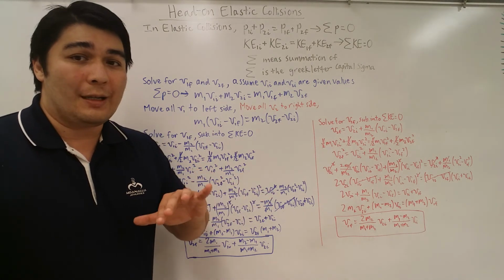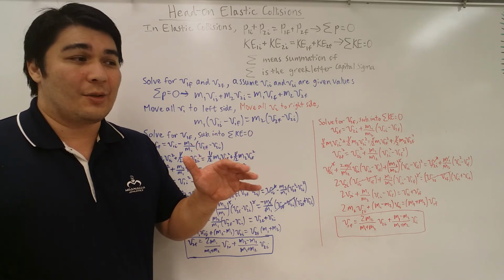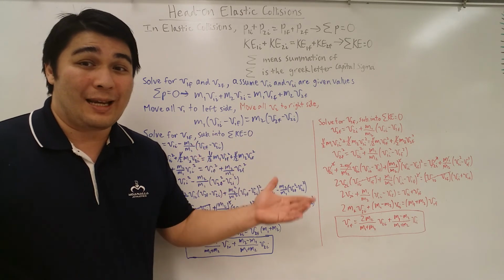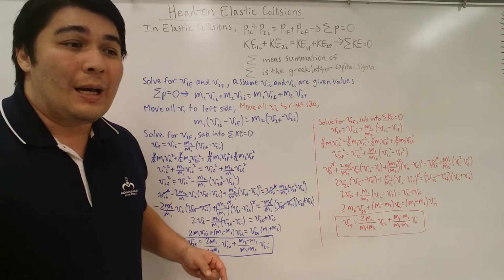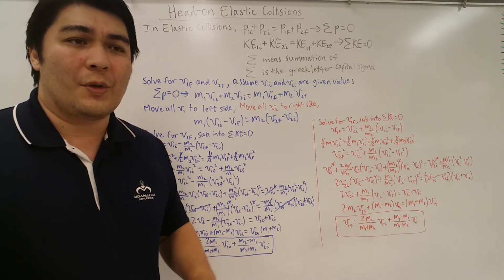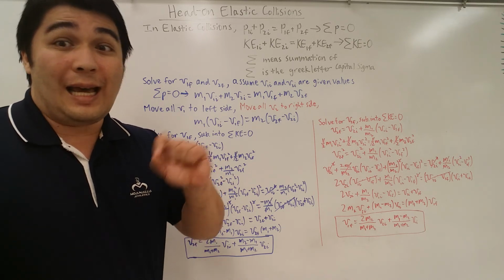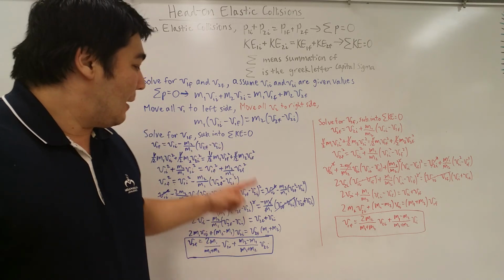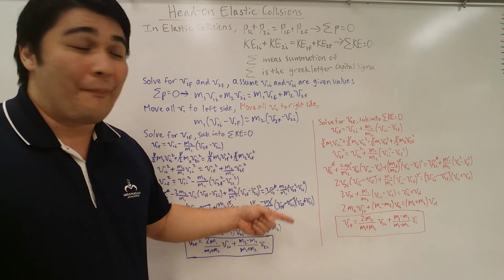There is a difference, but again, as a physics student, you do get to pick which one of these is V1 and which one of these is V2. Just know that sometimes there can be that little bit of a difference depending on which way you declare as positive and negative, because that will ultimately matter, as you can see there are a lot of positive and negative signs in here.